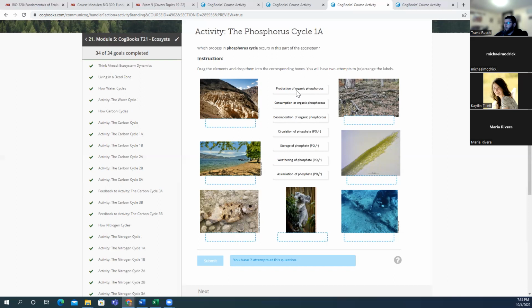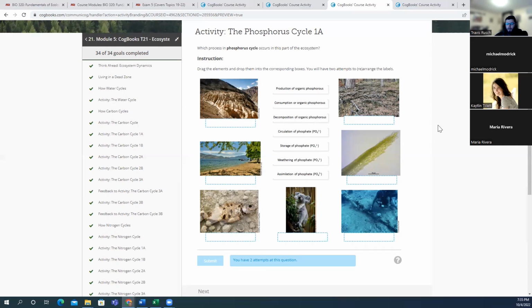So this one says production of organic phosphorus. Which one do we think has the production of organic phosphorus? We're saying the plant. And again, we got to be careful because there's at least 4 photos with plants in it.